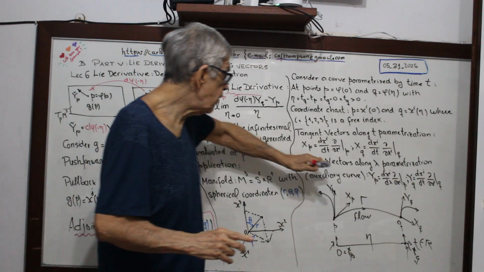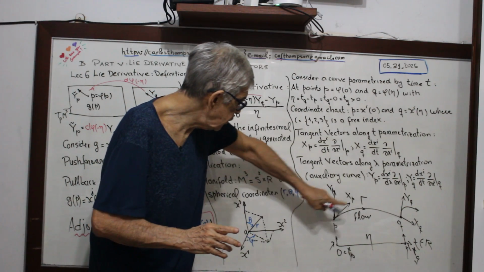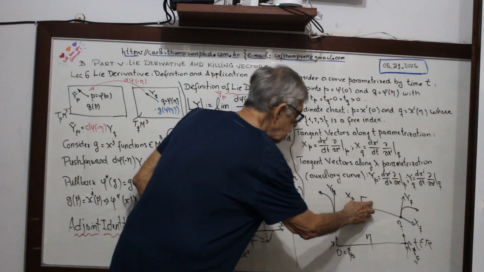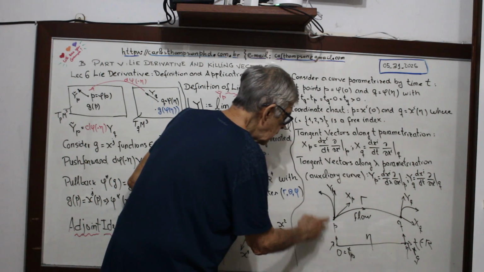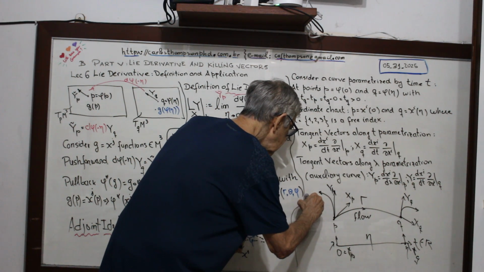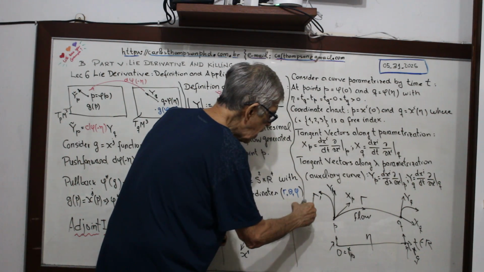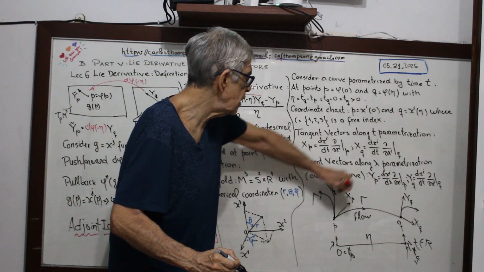Now, the tangent vector along the lambda parametrization. You see this figure over here. This curve gamma is parametrized by time. This other curve I'll call gamma prime, parametrized by lambda.